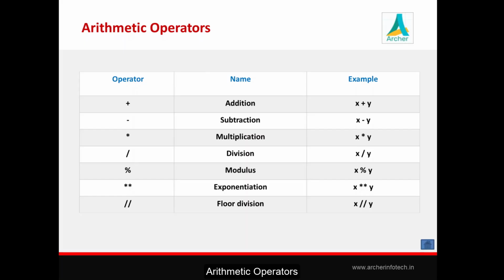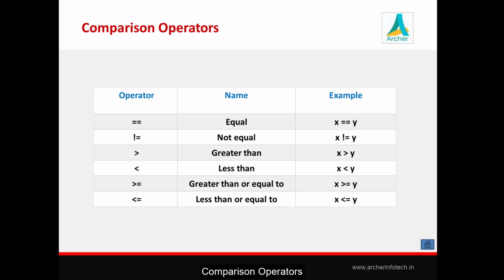Next we move to the next category, relational operators, or you can say comparison operators. Every relational expression results in a true or false value, meaning the result is either 1 or 0, or true or false. We have a total of 6 operators: equal, not equal, greater than, less than, greater than or equal to, less than or equal to.